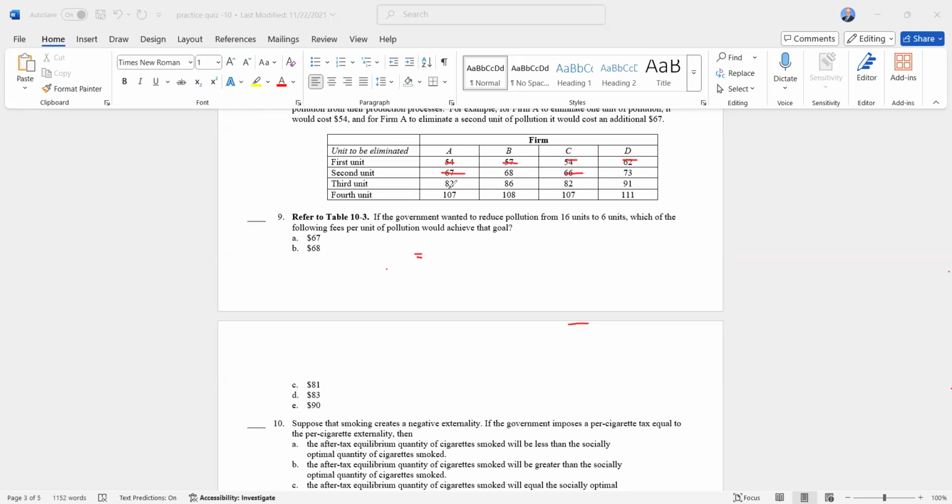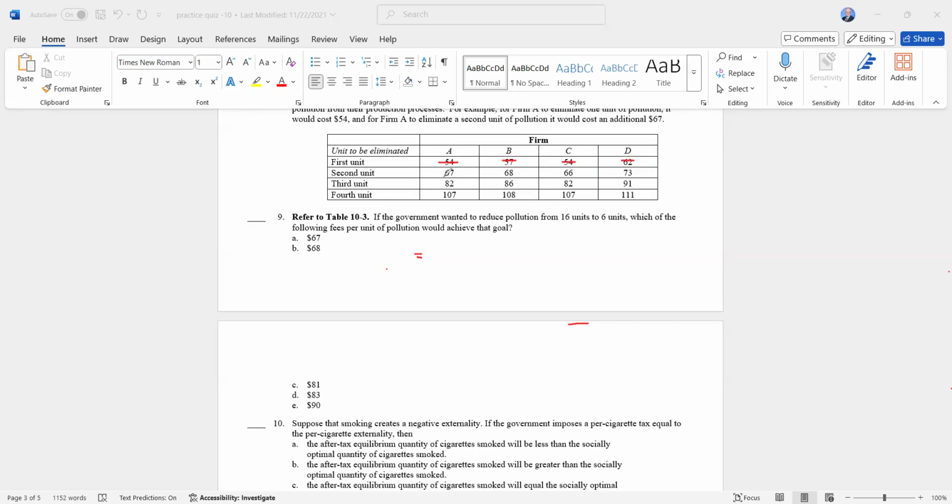I'm trying to get rid of 10 because I'm trying to go from 16, which is the whole table, to only 6. All right. Now, I'm going to go to the answer, so we don't have to go through every one. The answer is D, 83. At 83, I could get rid of the first unit across the board, right? 83 is greater than all of them.